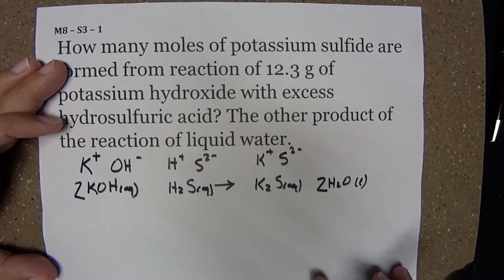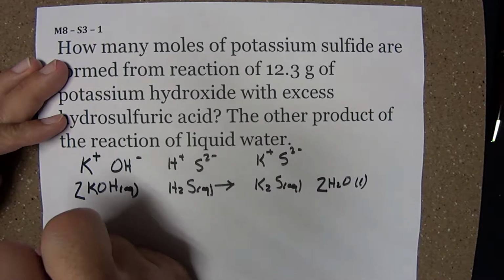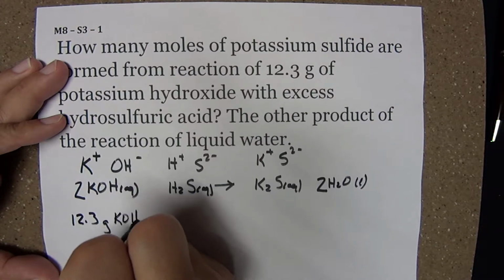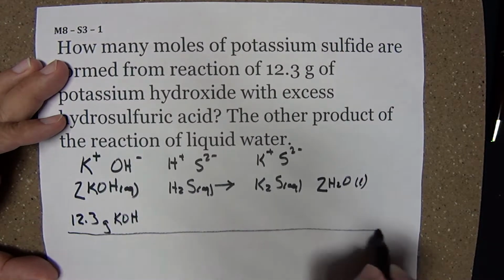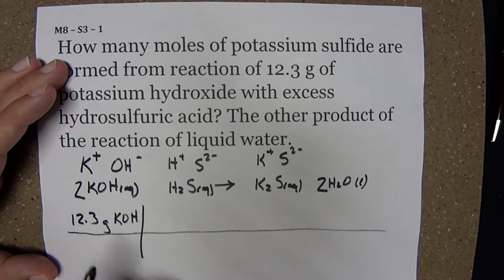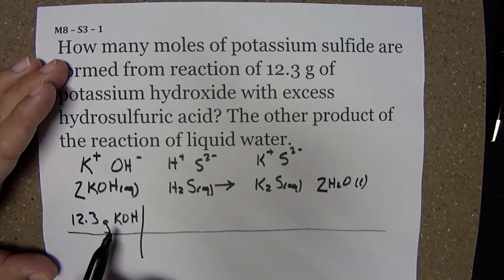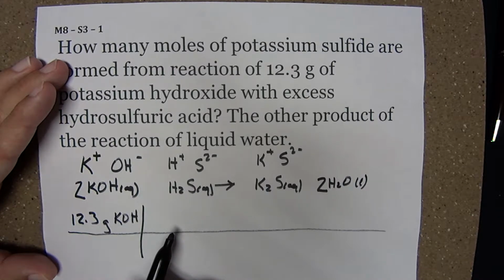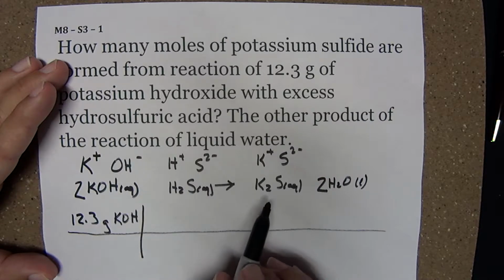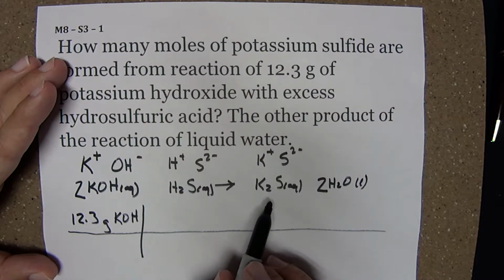Okay, now let's do the required stoichiometry. Here we're told we had 12.3 grams of the potassium hydroxide. In talking through the steps of the algorithm, I'm going to take that mass of potassium hydroxide, convert to moles. I'll then convert moles of potassium hydroxide to moles of product potassium sulfide, and that answers my question.